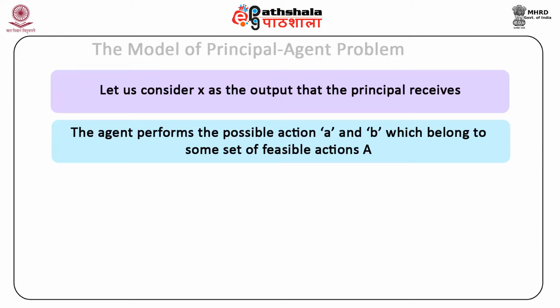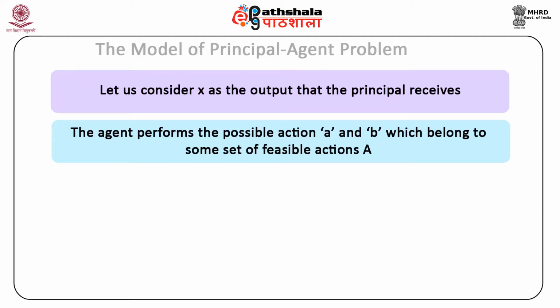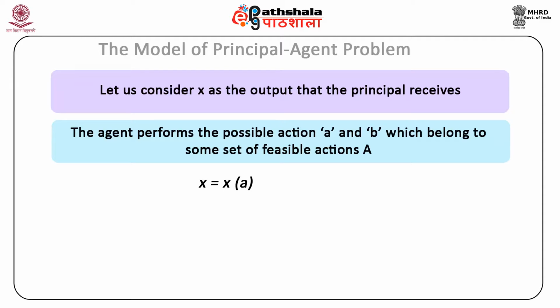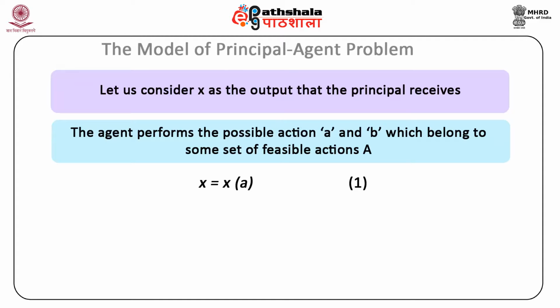Uncertainty is ruled out initially, and as a result the actions of the agent determine the outcome completely. Thus, the relationship is written as x = x(a). This is given as equation 1.